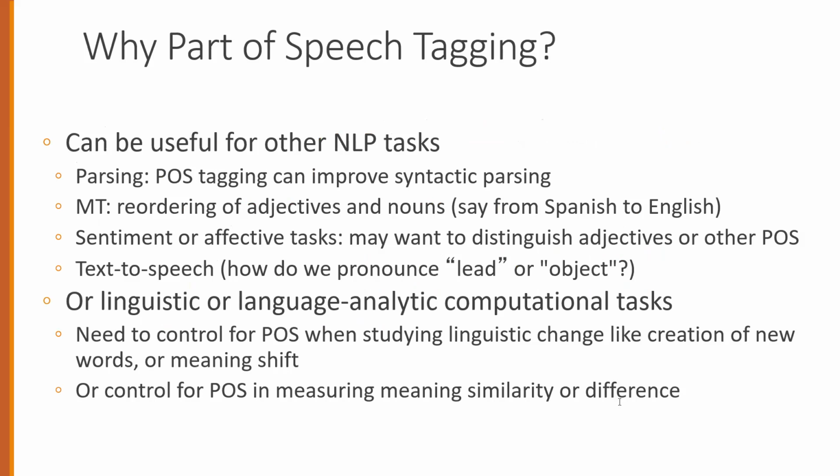For example, lead is pronounced one way when it is a noun, but differently when it is a verb, or object is pronounced one way when it is a noun, but differently when it is a verb. Tagging is also important for linguistic or language analytic computational tasks, like studying the creation of new words or measuring meaningful similarity or differences.